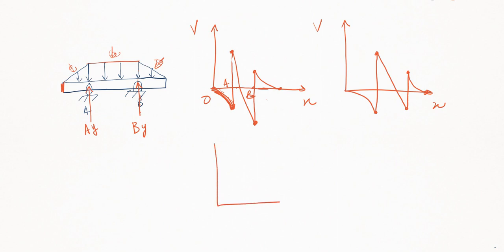Now if we want to draw the moment, first it starts at 0. Now we have here negative and the negativity is increasing, so it's actually going to be the same thing. Then it gets to point A where it's positive, decreasing positivity. It's gonna go until actually this point. So let's say this point is here. It's gonna go like this.